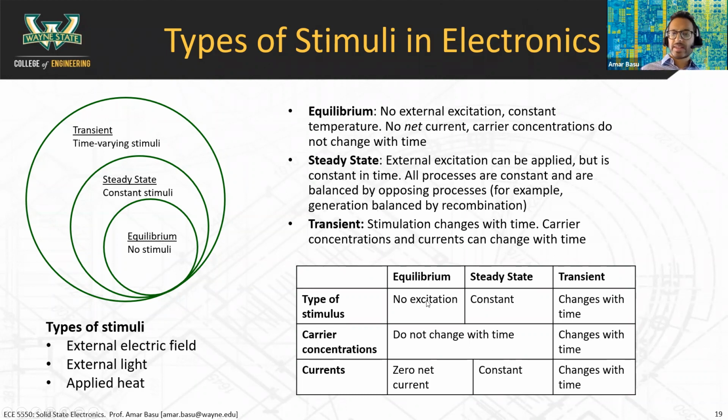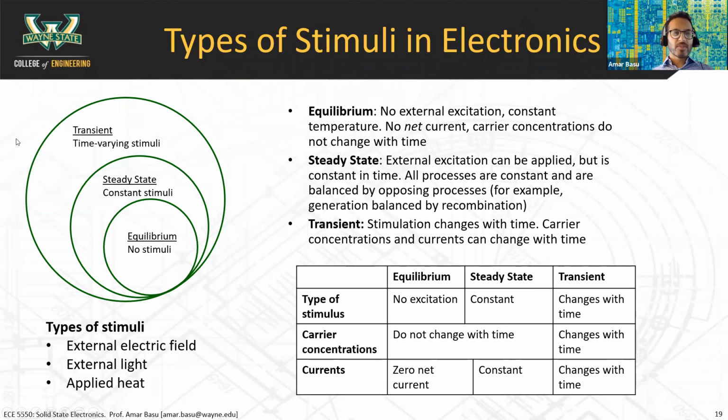Main point here: in steady state, the type of stimulus is constant. The carrier concentrations do not change with time, and the currents are constant. That's the difference from equilibrium: equilibrium has zero net current, steady state has a constant current.